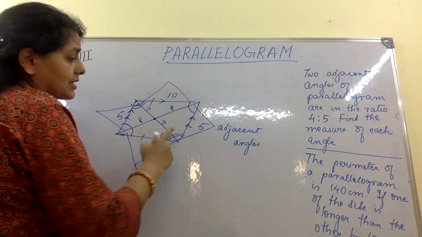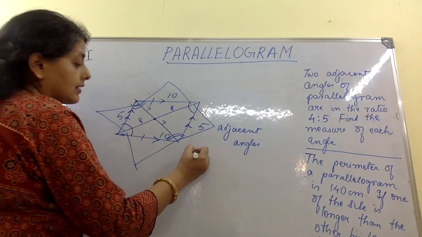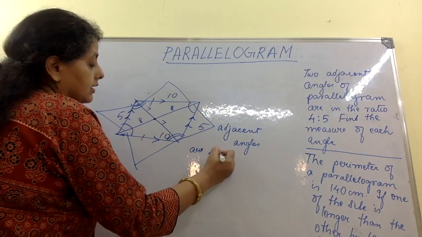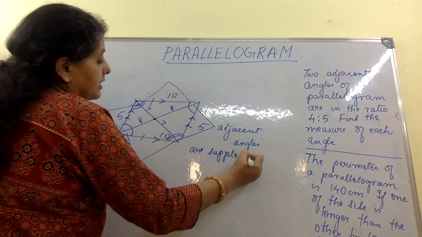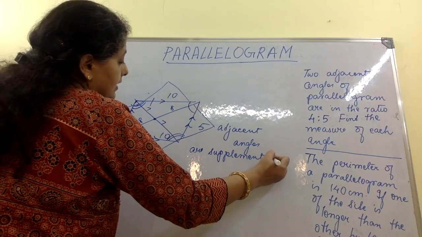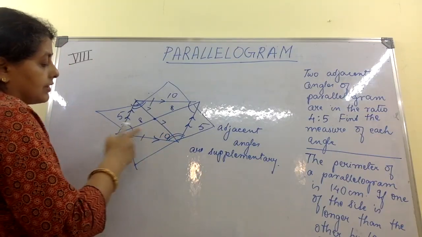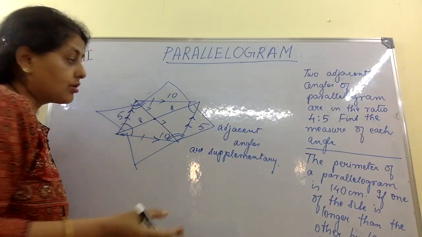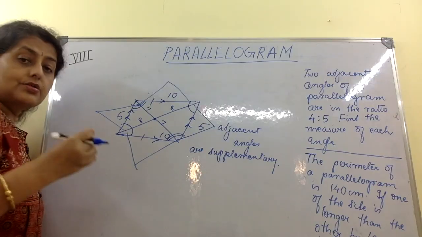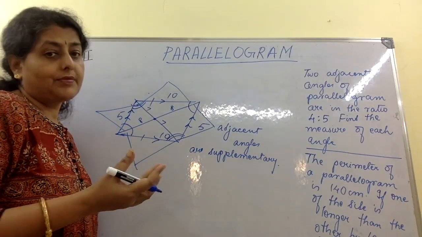Adjacent angles are supplementary, that is they will always add up to 180. If this is 60, this will be 120. If this is 120, this will be 60, because these lines are parallel. So these are some of the properties of parallelograms.